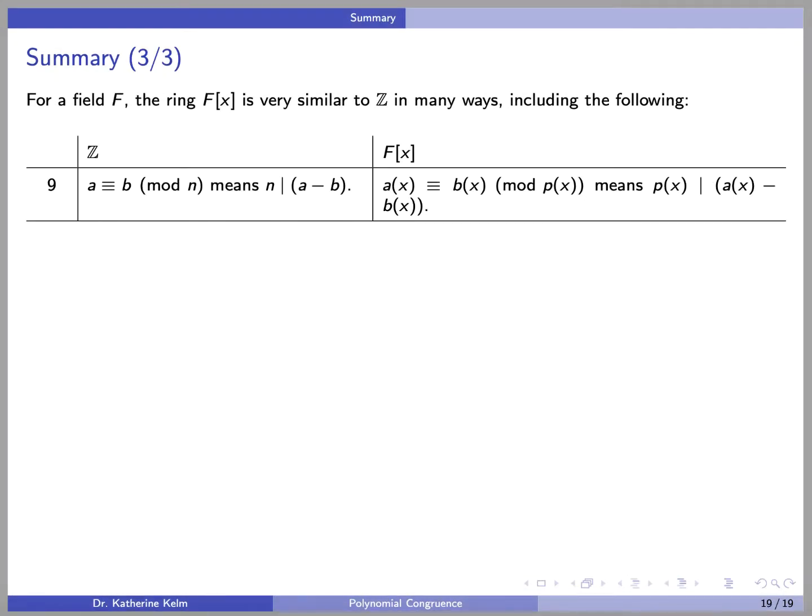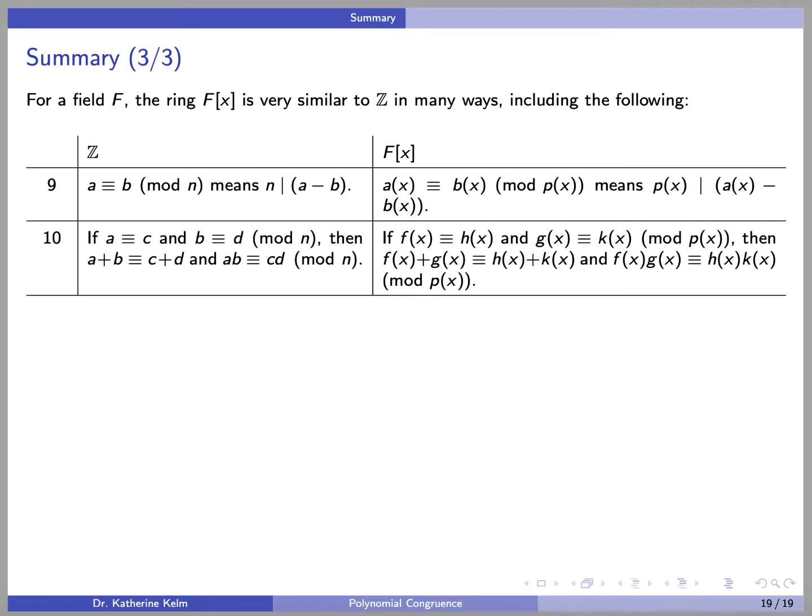And our new fact: congruence modulo a polynomial is very similar to the definition of congruence mod n in Z. Addition and multiplication mod p of x are independent of the choice of representatives.